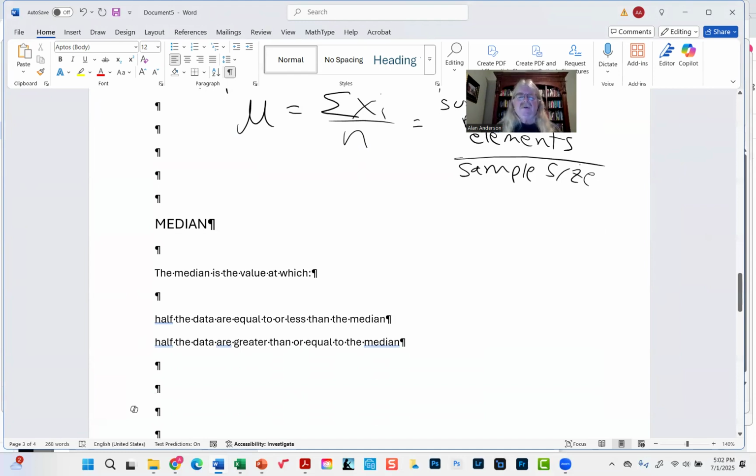So as an example, suppose that you earned a 72 on a midterm and you were told that this is the median score.